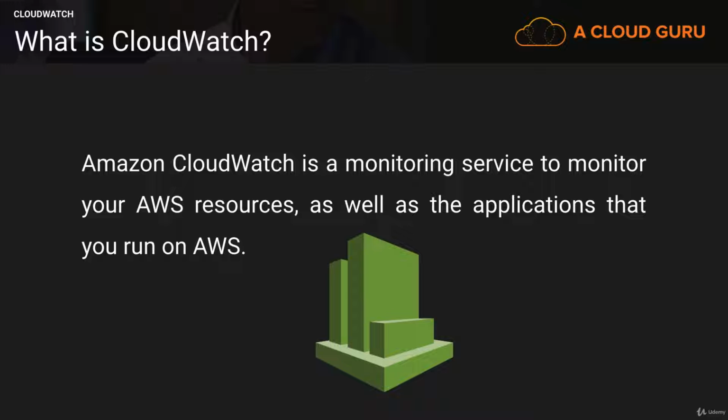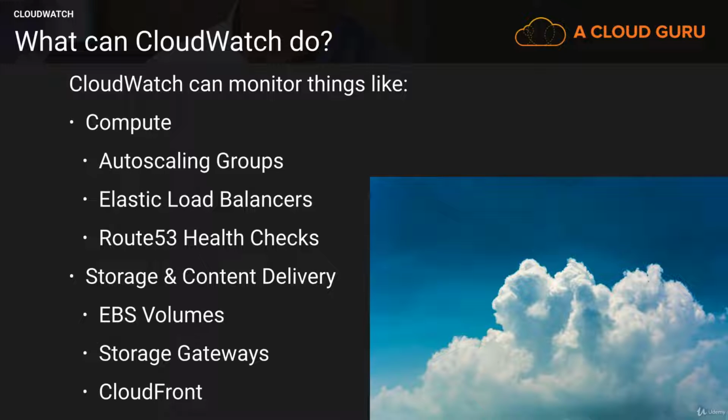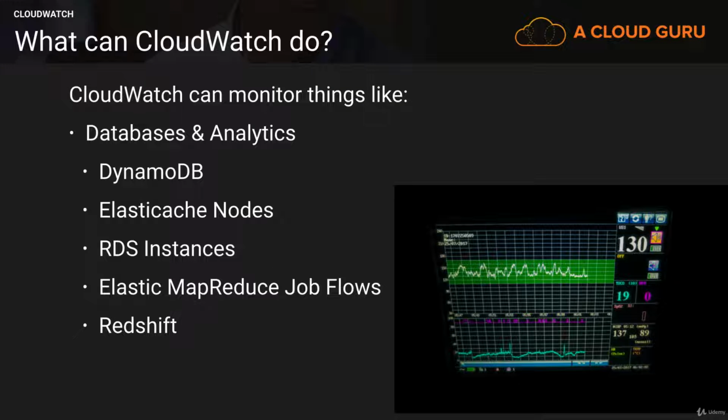Basically, it's a monitoring service to monitor your AWS resources as well as the applications that you run on AWS. And CloudWatch can monitor things like compute, so your auto-scaling groups, your elastic load balancers, Route 53 health checks. It can do storage and content delivery, so EBS volumes, Storage Gateway, CloudFront, etc. It can also monitor things like your database and analytics.